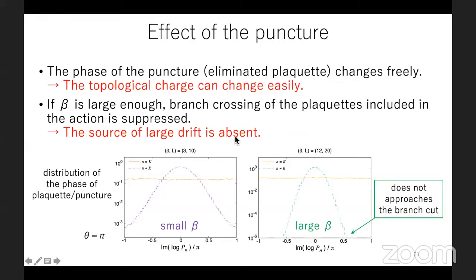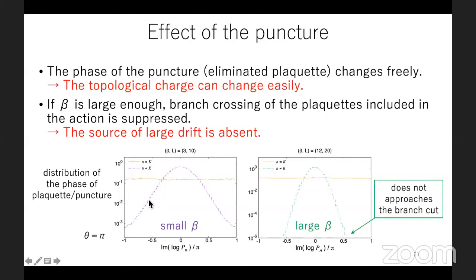Now, this is confirmed by checking the distribution of the phase of the plaquette and the puncture. I plotted a histogram of the phase of the plaquettes included in the action and also the phase distribution of the puncture for the small beta case and the large beta case. You can see that the phase of the puncture is almost uniformly distributed. It means the phase of the puncture changes freely.